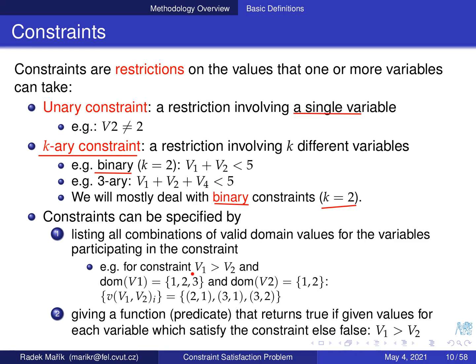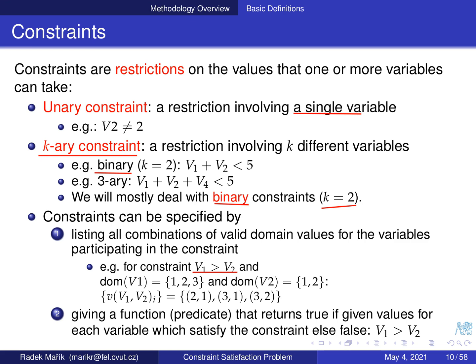For example, if we have a binary constraint v1 is greater than v2, and the domain of variable v1 is 1, 2, 3, and the domain of variable v2 is 1, 2, then basically the constraint, this one, can be expressed as a set containing just these 3 items, these 3 tuples, (2, 1), (3, 1), (3, 2), which basically are all possible combinations which satisfy this relation.